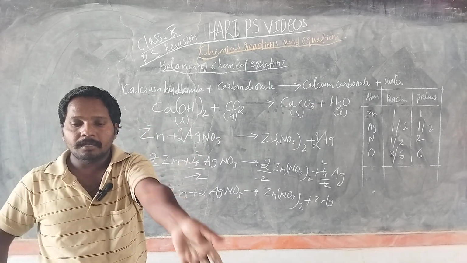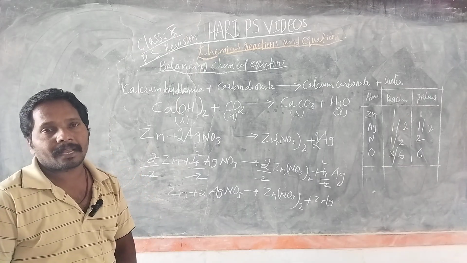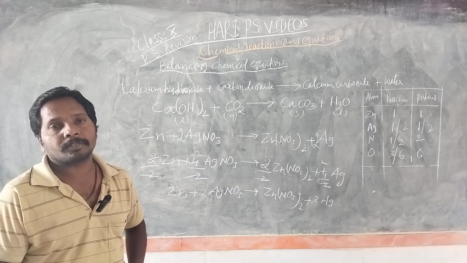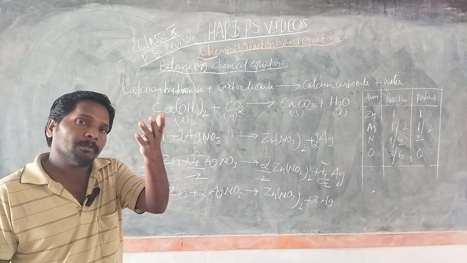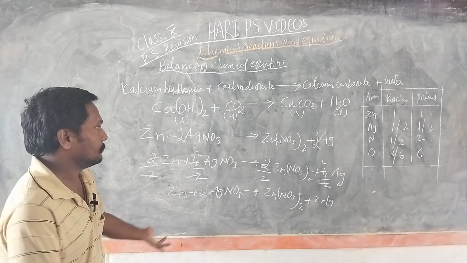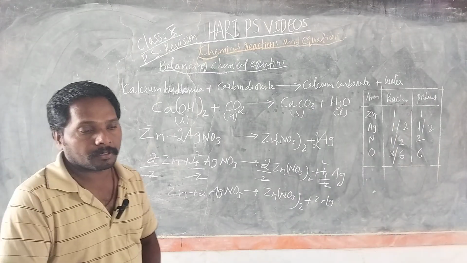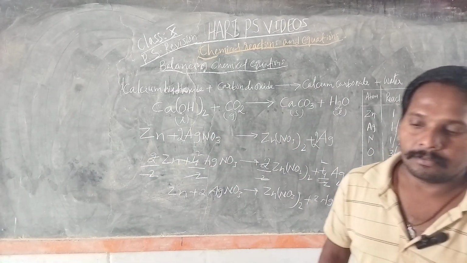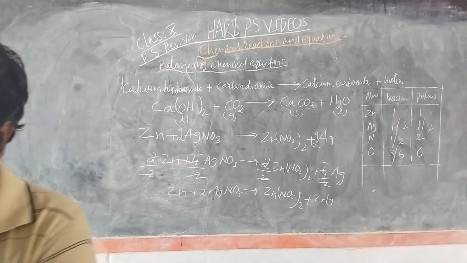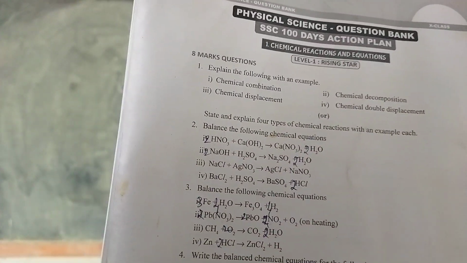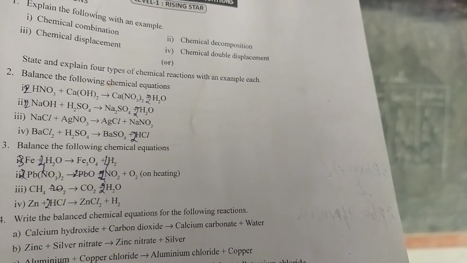Many chemical reactions are already given in the question paper or the revision question paper, and you have many examples in your textbook also. So this is about balancing the chemical equation. See, many examples are given here. Try to solve them.